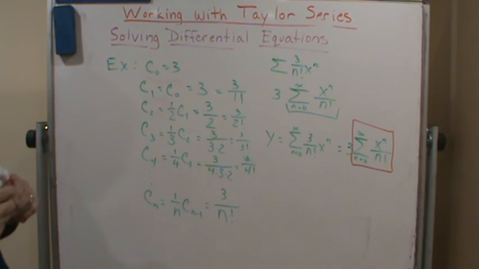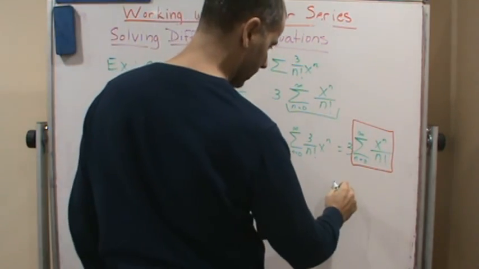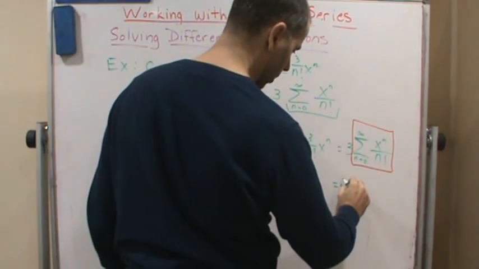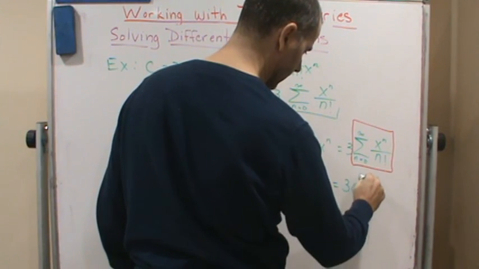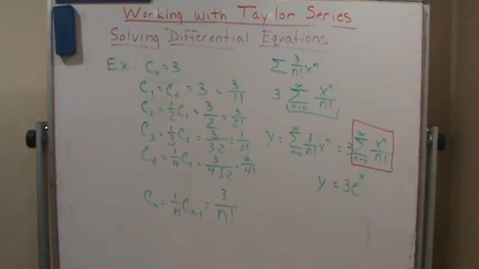That's the Maclaurin series representation of what? e to the x. So that means y equals 3 times e to the x. Therefore the solution is y equals 3e to the x.